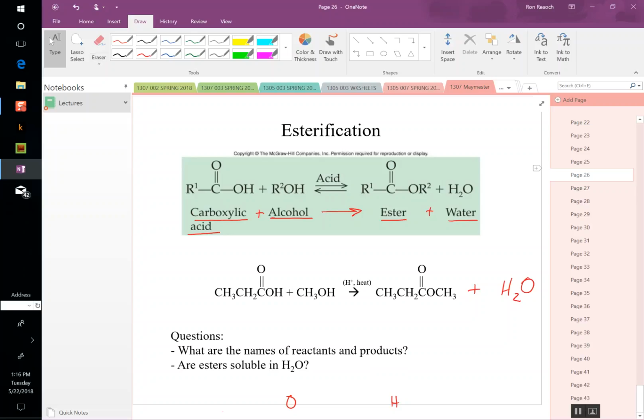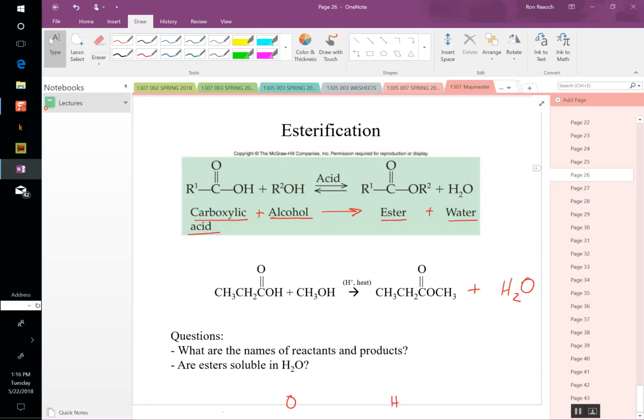Okay, here's the first one here. Acetic acid plus isopropyl alcohol. The most common mistake students make with this kind of situation is they attach the propyl on the end. This carbon can't attach here because these hydrogens are not going to react with that.